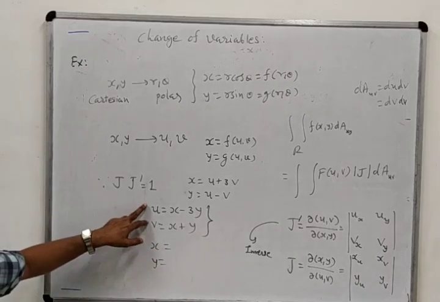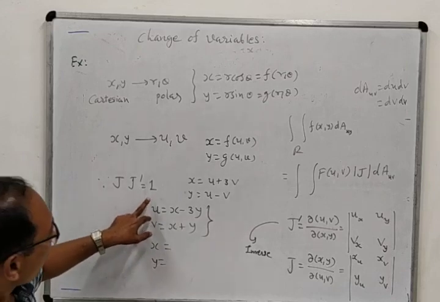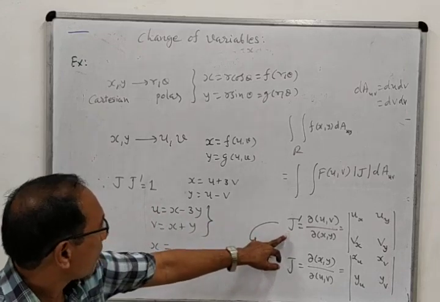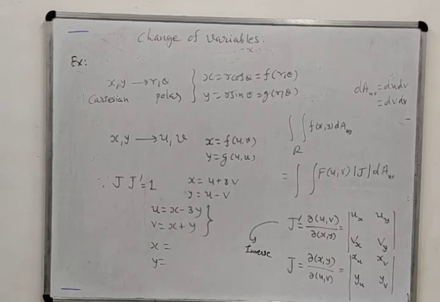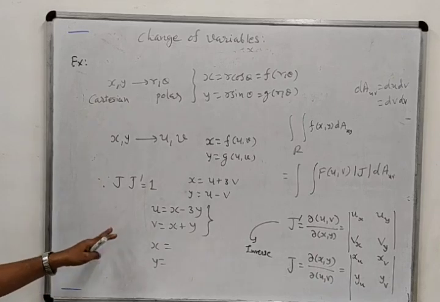So instead of this, we can find this one, and then we can find J by taking J equal to 1 upon J'. So it is very convenient for us to find these derivatives. So you note down this.